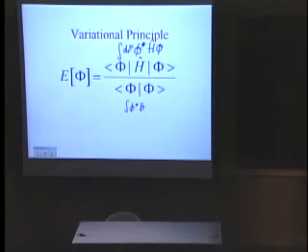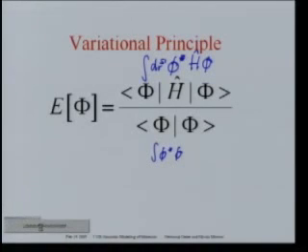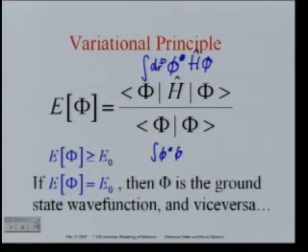But now, the important thing is, what can we prove? Well, we can prove this fundamental theorem that tells us that for a given Hamiltonian, that is, for a given potential, you can throw in this functional any arbitrary function.